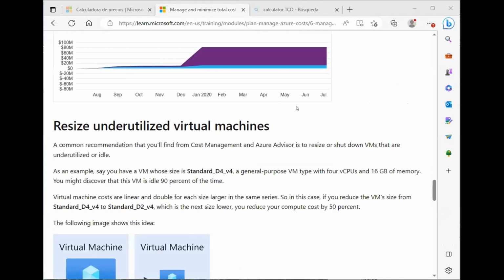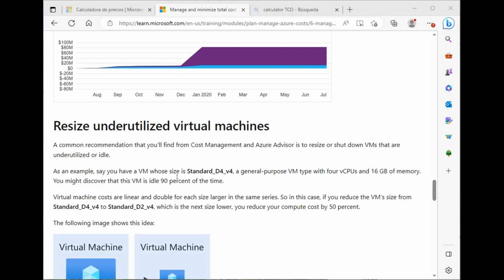Resize underutilized virtual machines. A common recommendation that you will find from cost management and Azure Advisor is to resize or shut down virtual machines that are underutilized or idle.